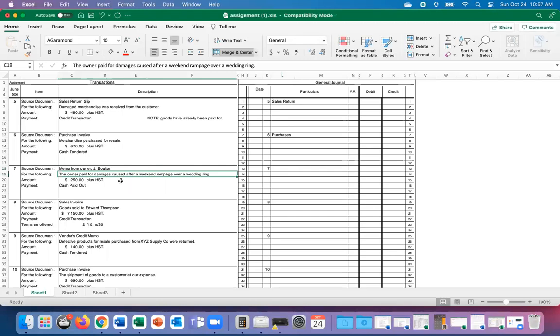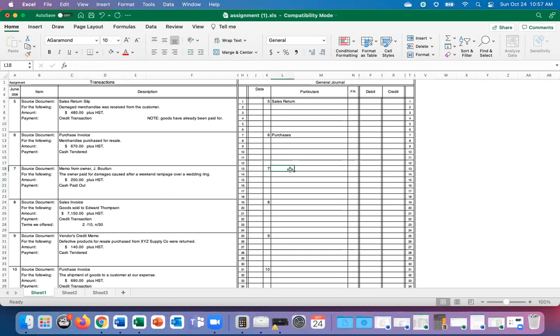Okay, so I wasn't entirely sure what that meant, but basically the idea is that the owner used business funds to pay for repairs to something. And so we just have to do a journal entry for that. And the amount is 250 plus HST, and it was done in cash.